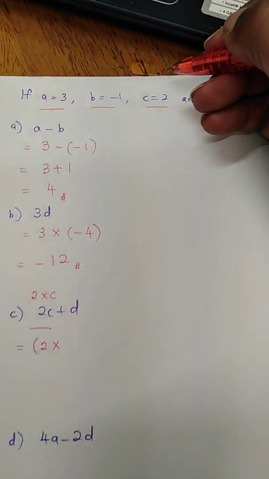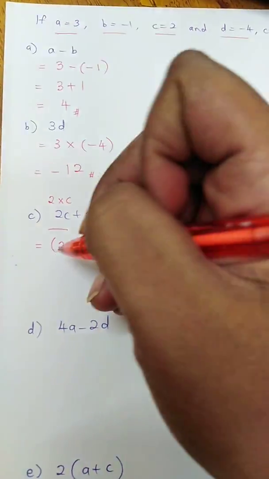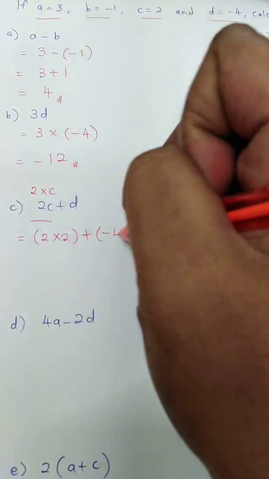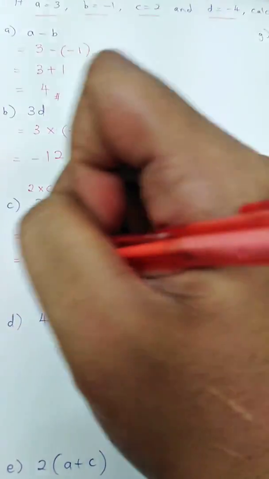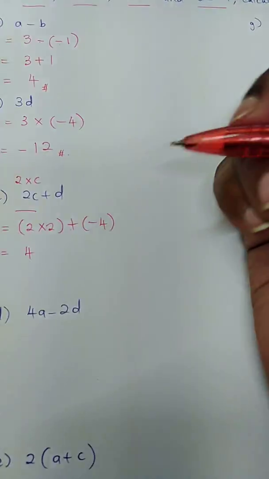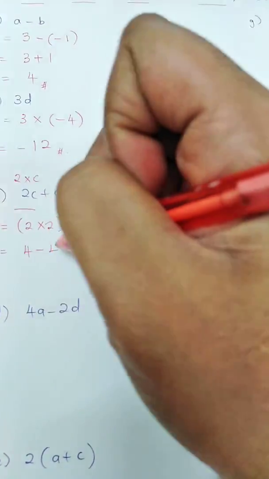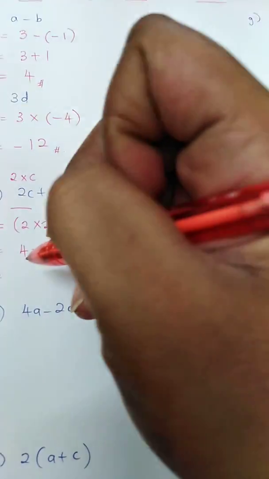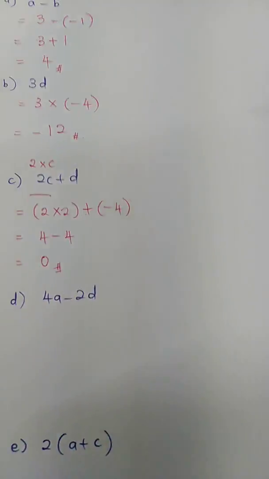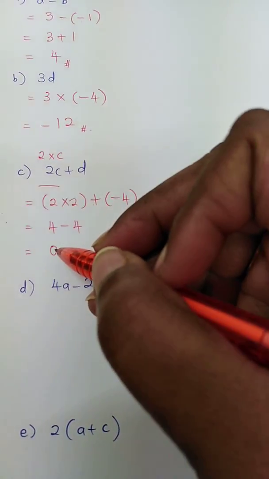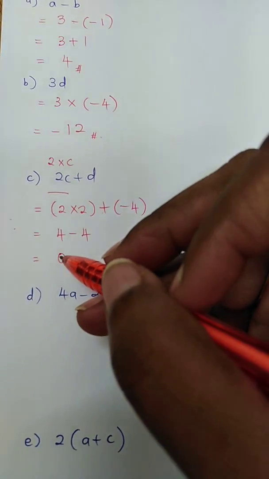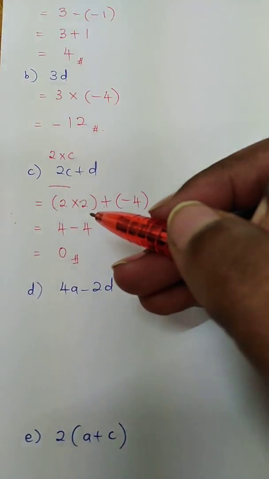C is 2, so when you come back to the question, 2 times 2 plus negative 4. So 2 times 2 is 4. Positive times a negative is negative 4. So 4 minus 4 is 0. Don't be worried if you're getting a 0 answer, since you have already learned positive numbers and negative numbers.